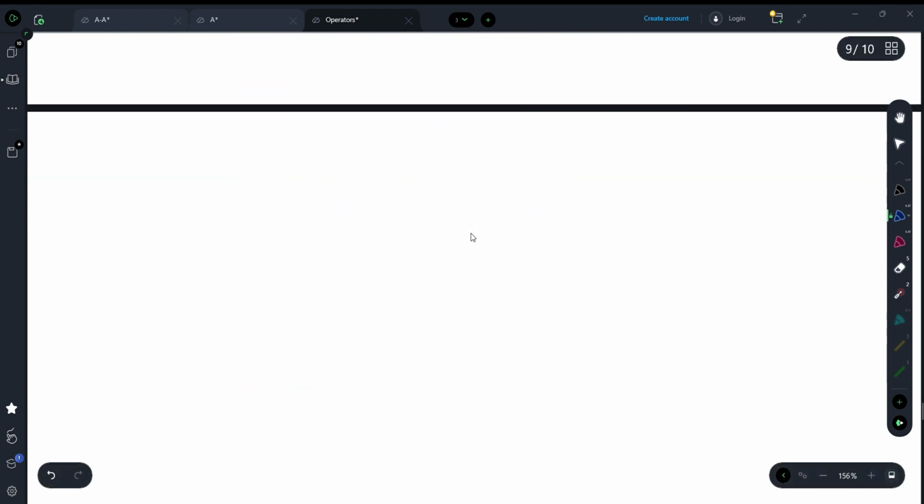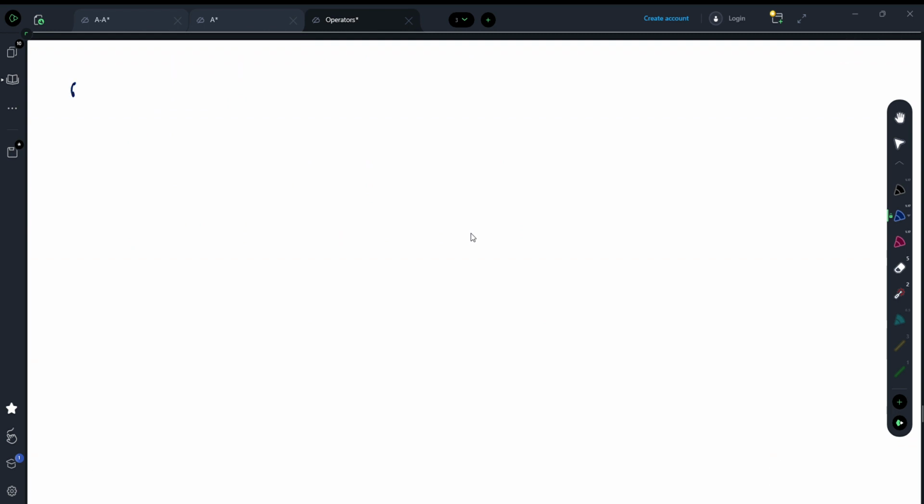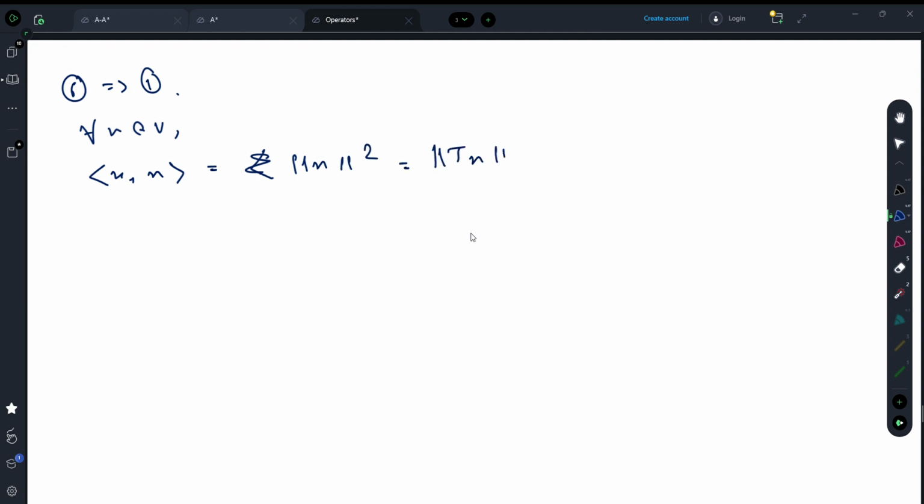Finally, I show that 6 implies 1, and that's quite easy. For all x in V, I can write the inner product of x with itself as norm x squared, which is the same as norm of Tx squared, which is the inner product of Tx, Tx, right? But then I can write it as the inner product of T star T x, x.